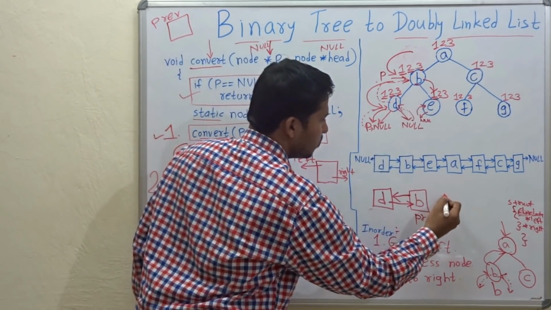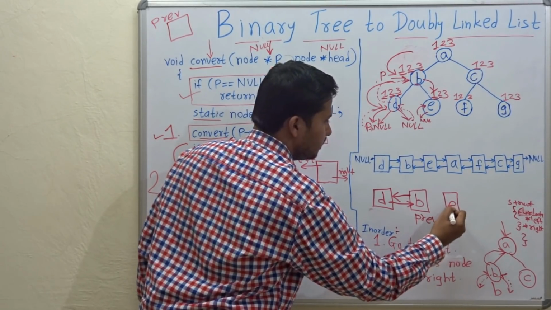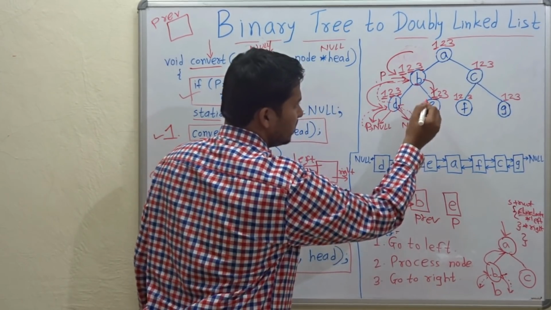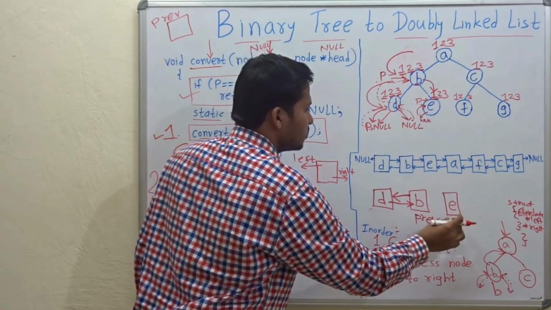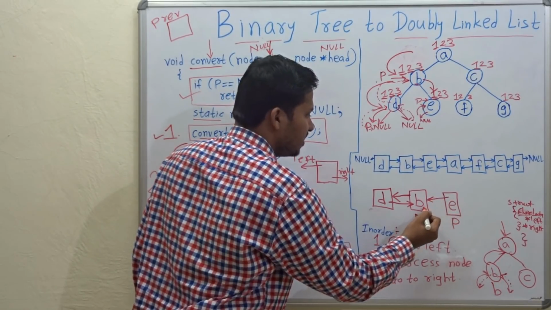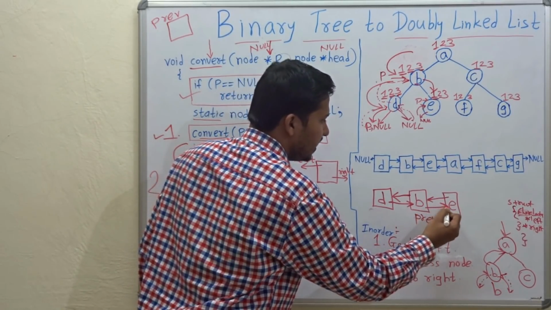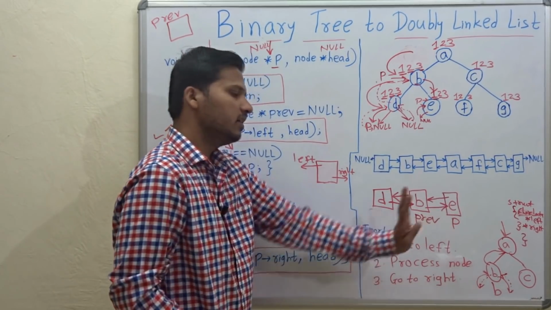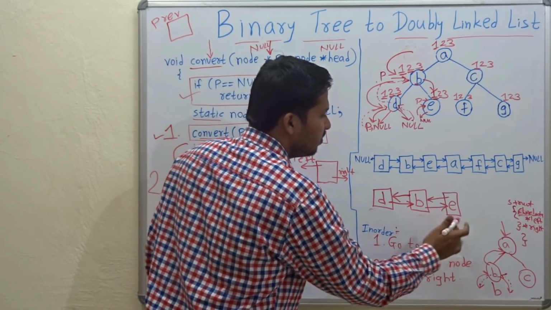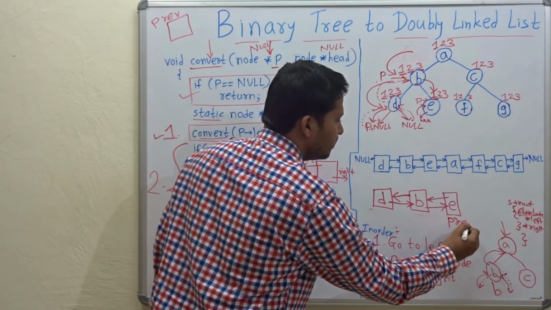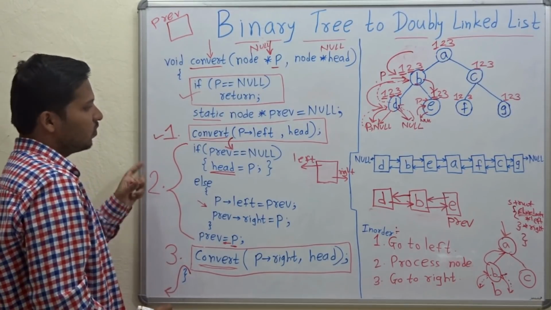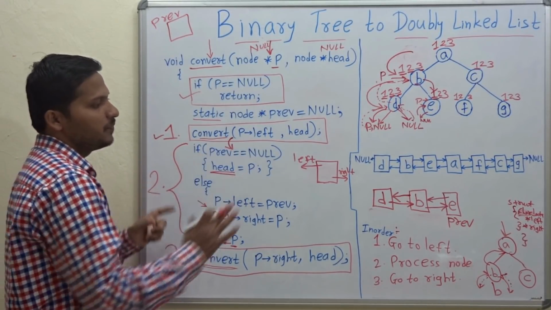So E is the node. So p is pointing to E now. So what we have to do? P points left is previous and previous points right is p. This step is over. Now the current node p will become the previous node. So this is what we have to follow till the end.